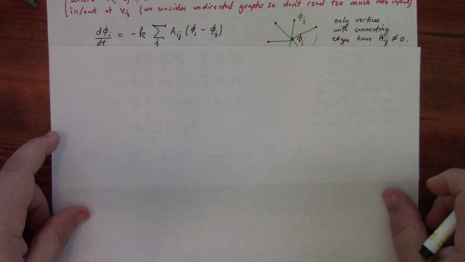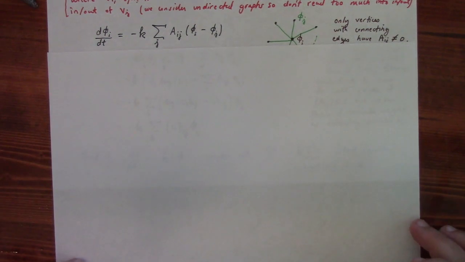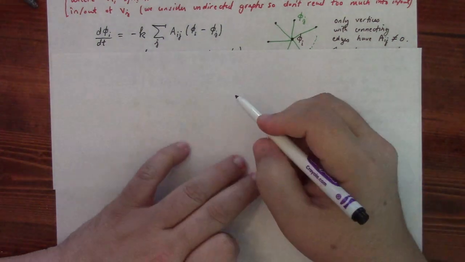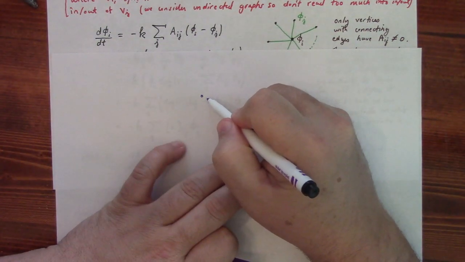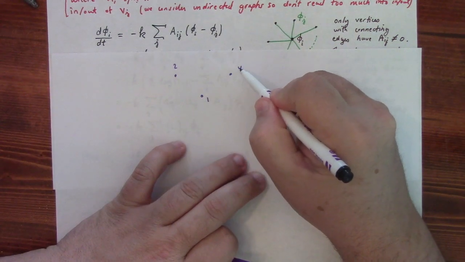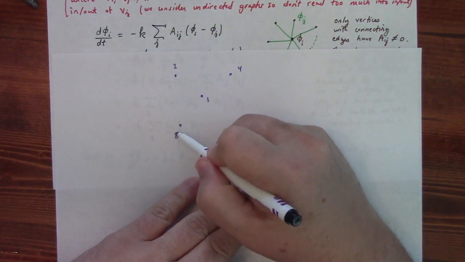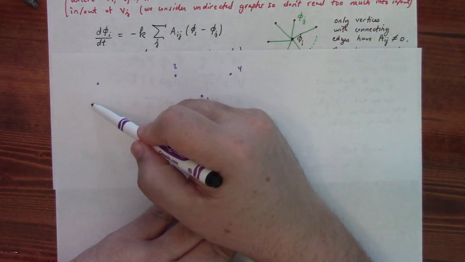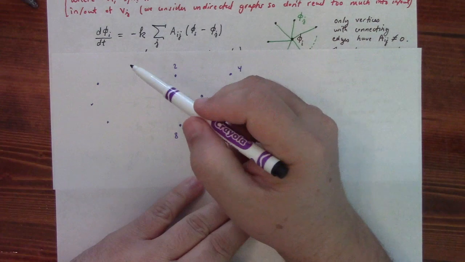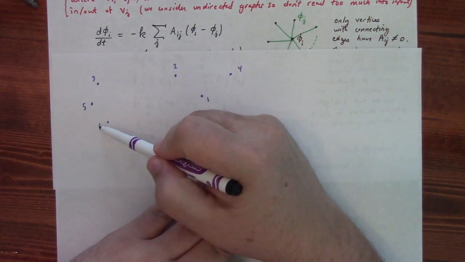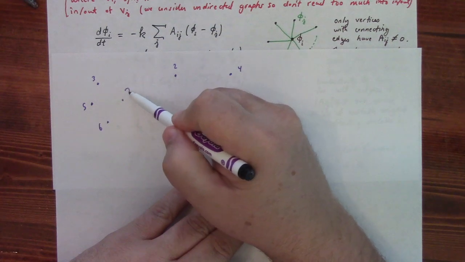So the idea here, let me be more specific for just a second. Suppose we're thinking about node 1, and suppose it's connected to 2, 4, and 8. And you've got a bunch of other nodes, I'm not even drawing them: 3, 5, 6, 7.